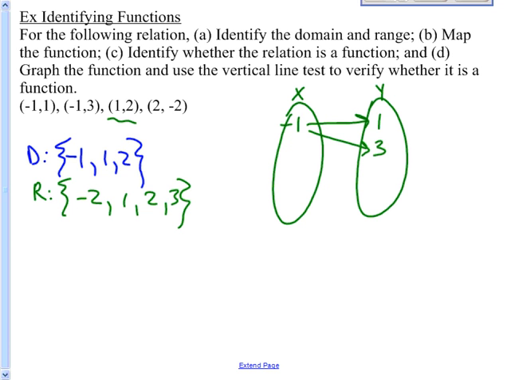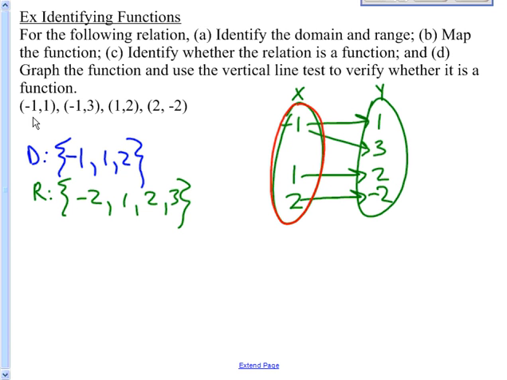And then you see the 1, 2. 1 is mapped to 2, and 2 is mapped to -2. So we just did a little mapping here, and you can see that this is our domain right there, and our range right there, 1, 3, 2, -2.